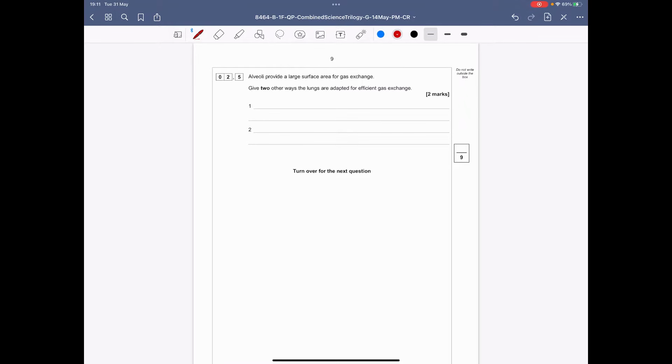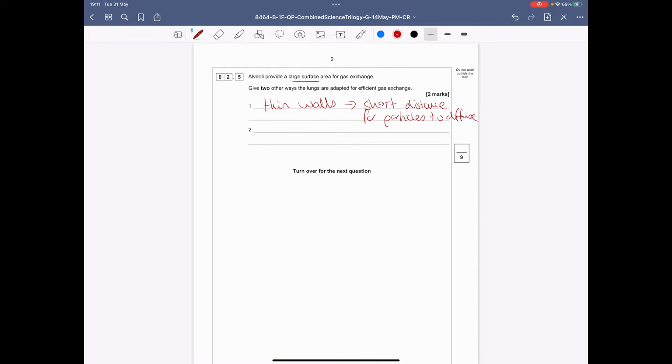So how are the alveoli adapted? Well, you can't use large surface area, but you can say they've got thin walls, so there's a short distance for the particles to diffuse. So that means it would happen quicker.